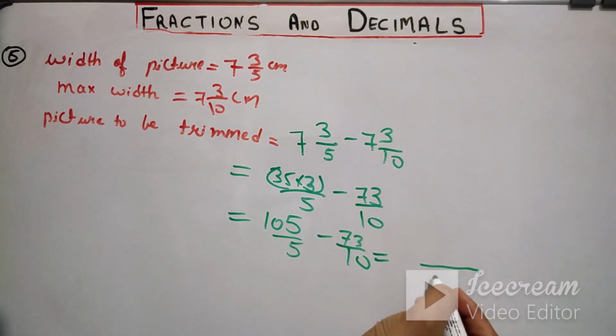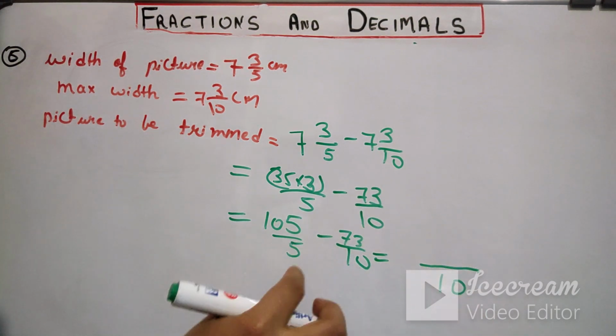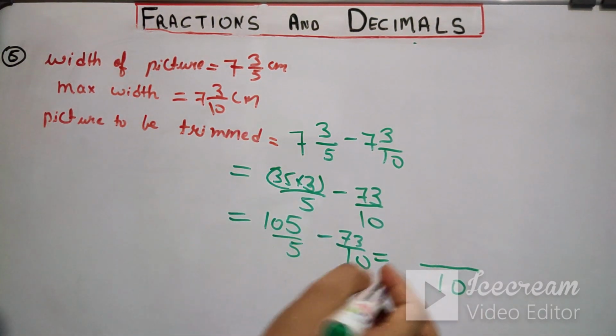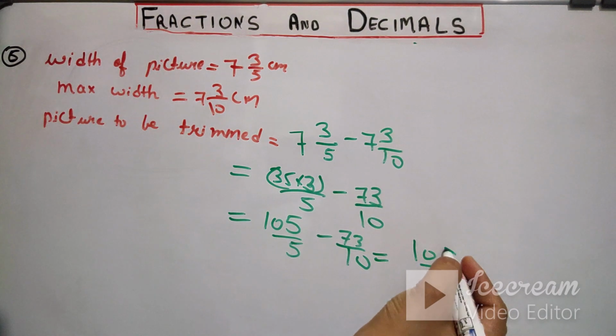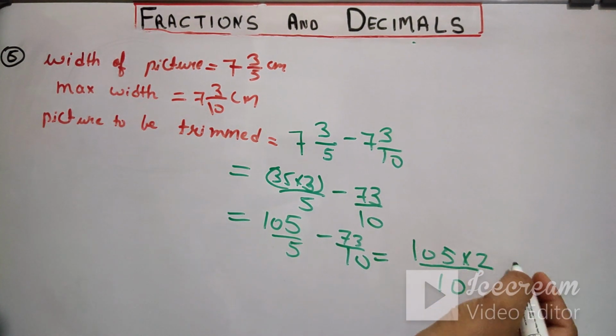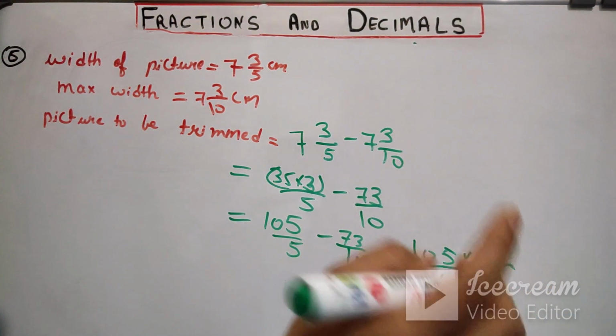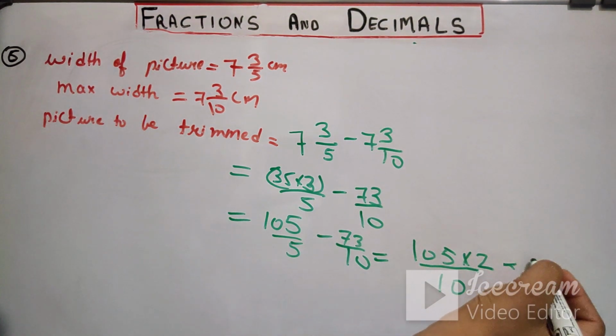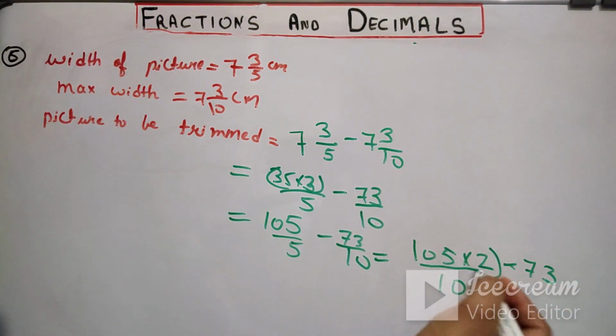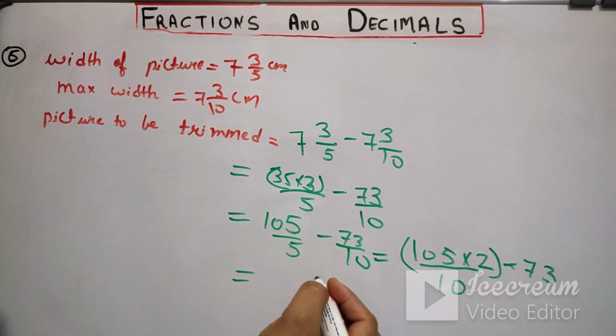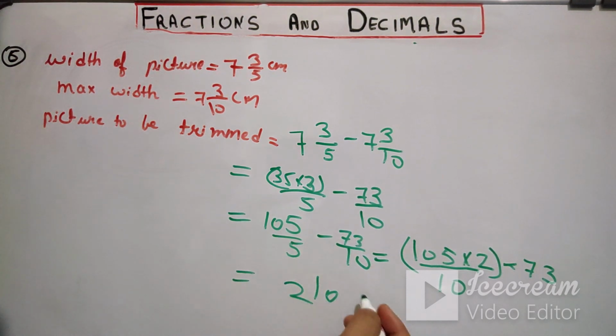The LCM of 5 and 10 is 10. So 5 into 2 is 10. So 105 into 2 minus 10 into 1 is 10. So 1 multiplied by 73 is 73. Okay, when we will solve this, we will get 210 minus 73 upon 10.